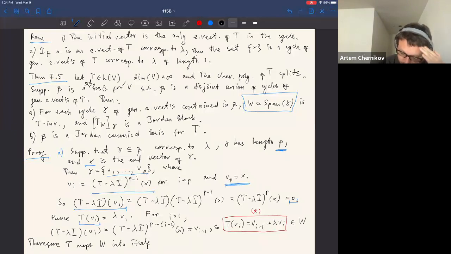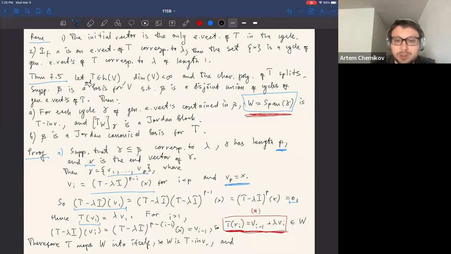Because if I start with any of the vectors vi in the basis for W, because W is the span of gamma, if I apply T to any of the vectors in the basis, I get some vector which is still in the span, right? So then it means that this subspace W is T-invariant. So W is T-invariant.